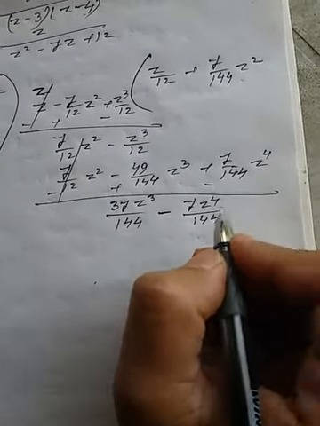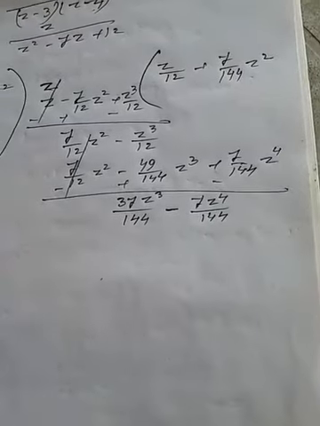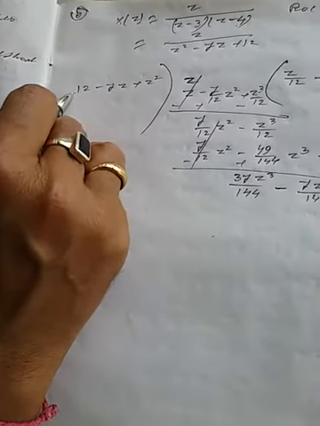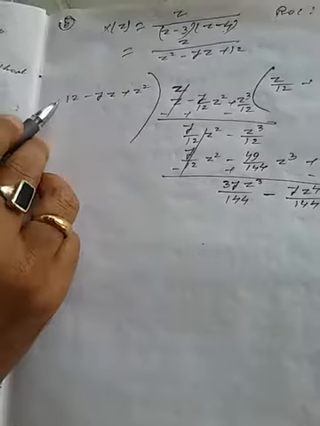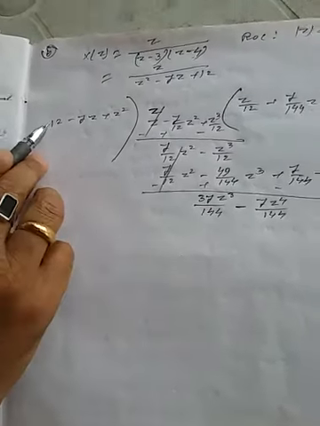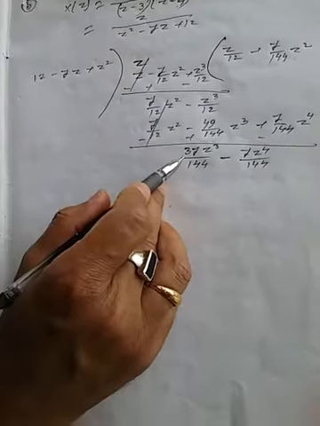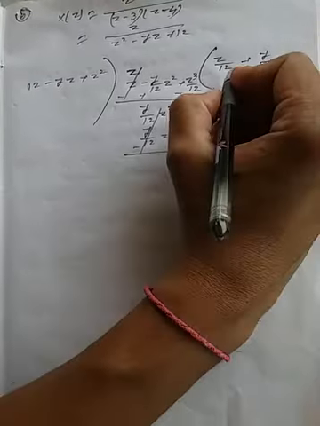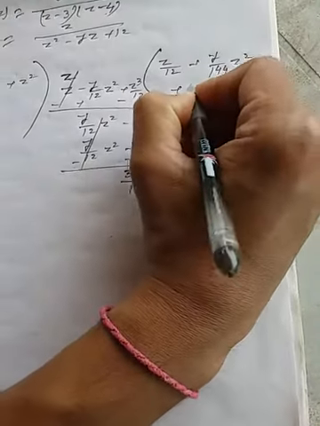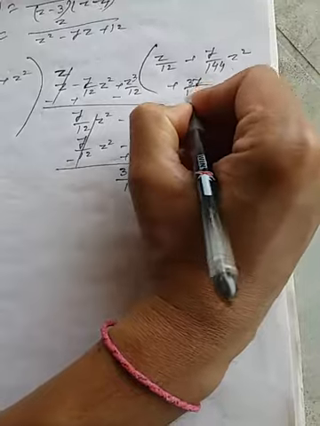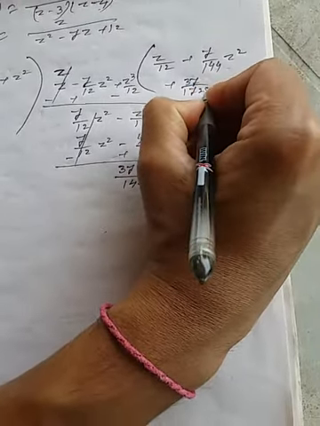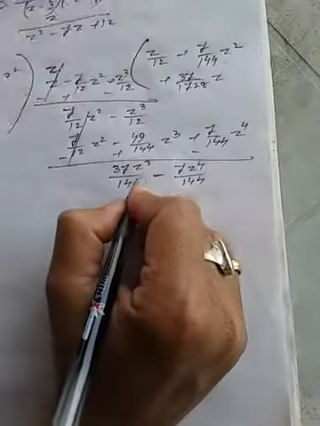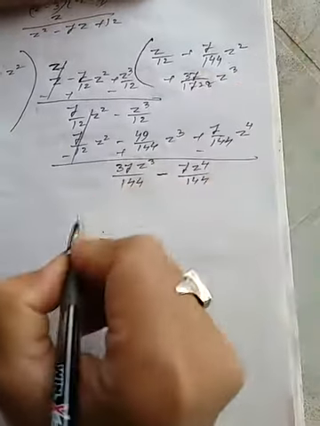Again to get this value from this portion, we have to multiply it by 37 by 1728, right? So it will be 37 by 1728 z cube. Here is z cube, so here will be z cube.